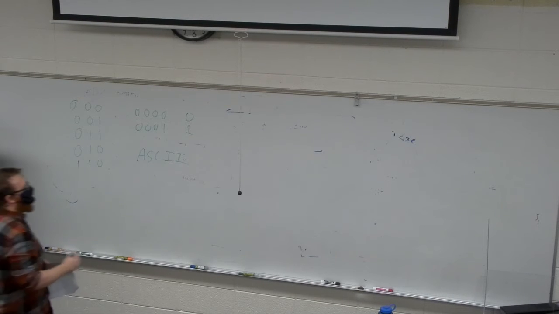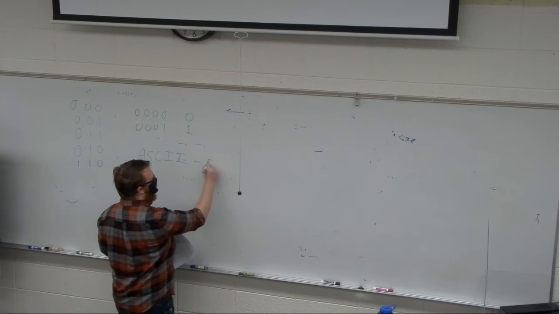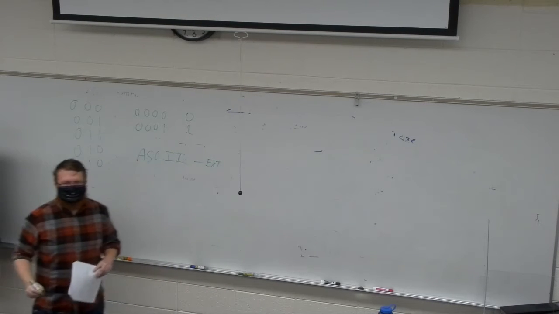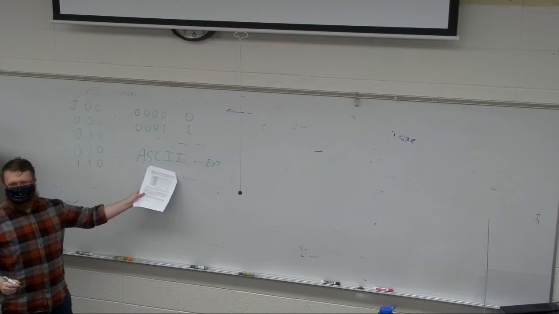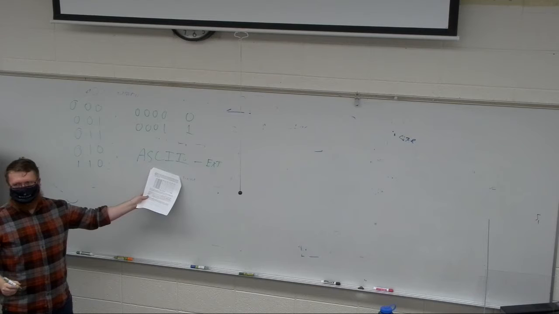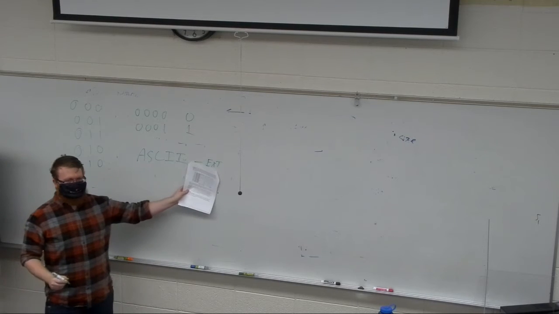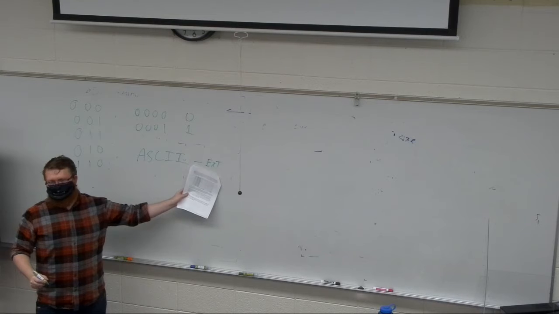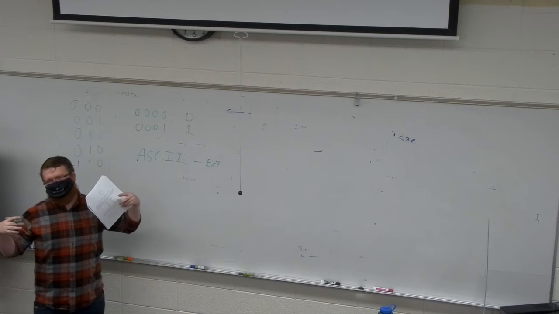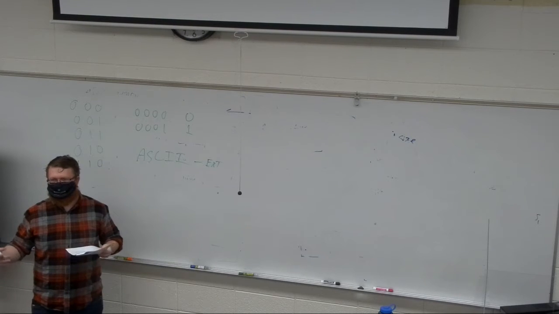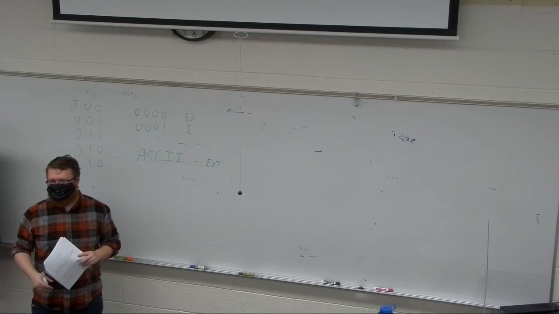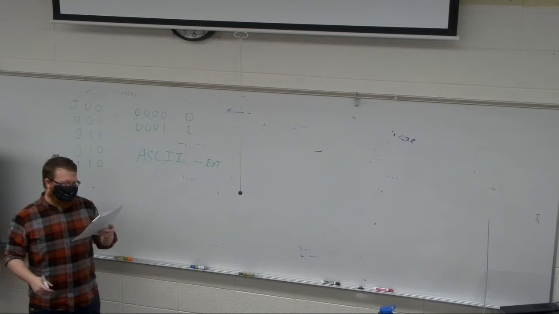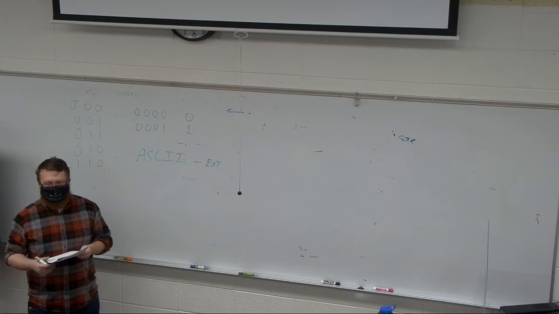Now technically, what we're using now in the keyboards is ASCII extended. So ASCII is just 7-bit or 8-bit, and then they have ASCII extended, which is 16 bits. The ASCII extended is nice because it now allows you to start using foreign characters rather than just the alphabet and the numbers, right?